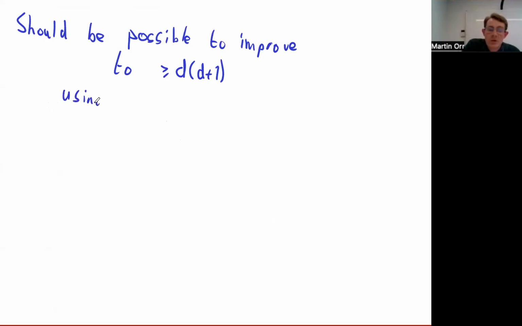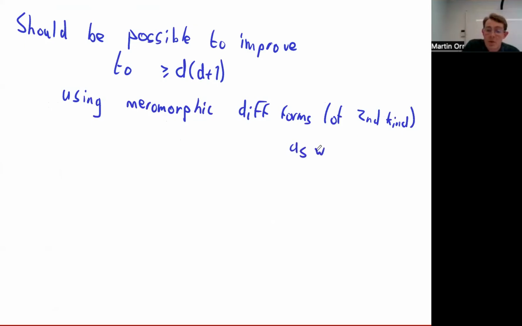We could use meromorphic differential forms, so forms of the second kind, as well as the holomorphic ones. That's a little more complicated because you no longer get homomorphisms up to periods. There's a more complicated addition formula for the integrals of these meromorphic differential forms. But it shouldn't make a huge difference.